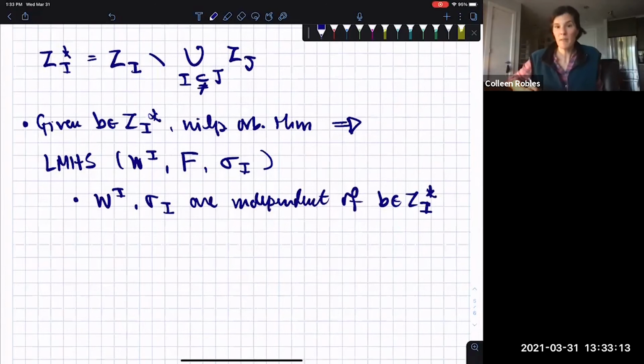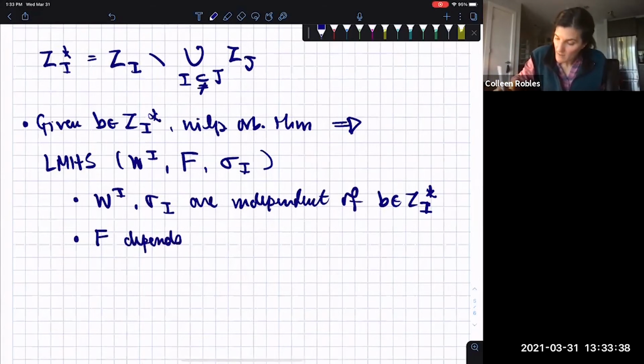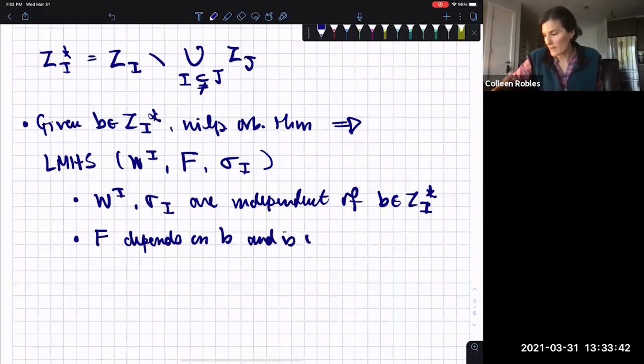inside that strata. They might depend upon the overall monodromy, but if I restrict to a tubular neighborhood of this strata, the monodromy fixes the cone, and therefore the weight filtration centralizes the cone and fixes the weight filtration. So these are well defined and independent of B. The Hodge filtration, on the other hand, depends on B and is not well defined.